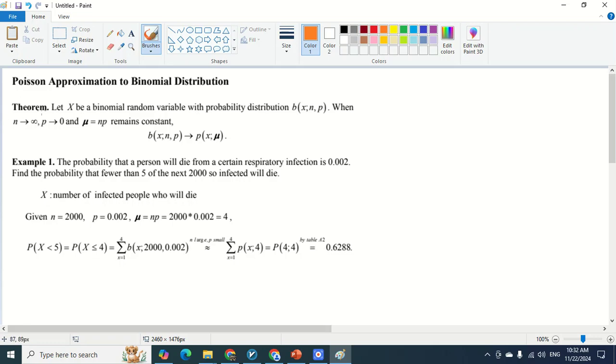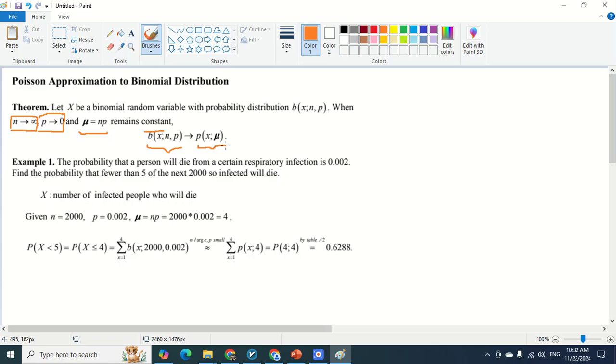So if the n of the binomial distribution tends to infinity, meaning we have a big number of trials, and the probability of success tends to 0, such that the multiplication of them, or the expected value of the binomial distribution, remains constant, then we can say that the binomial distribution follows the Poisson distribution as well.